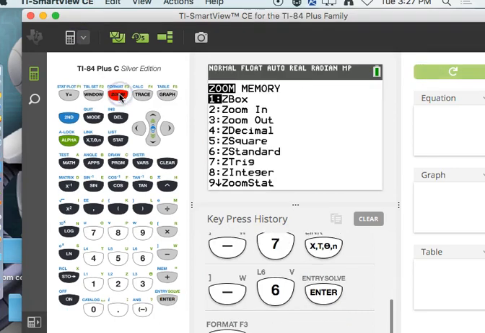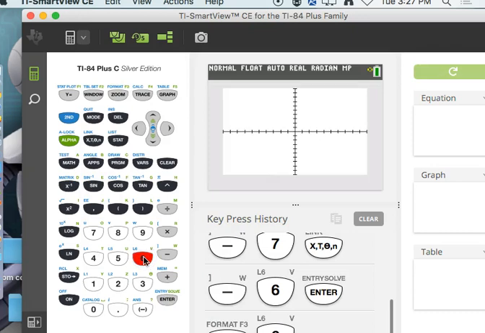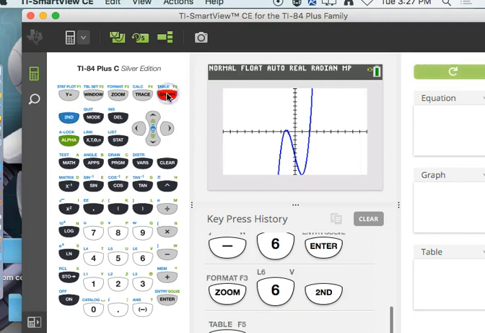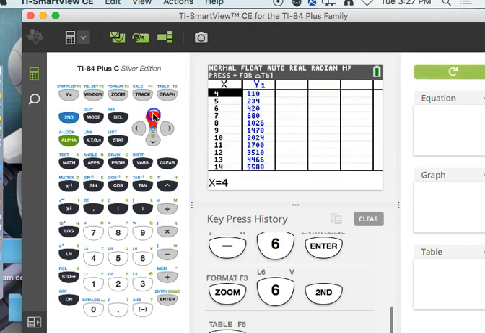So zoom 6. Hopeful that we'll see some nice zeros here. And we go into our table because it does look like 2 is pretty good and -1 might also be good. So let's check those out. So -1 is working.